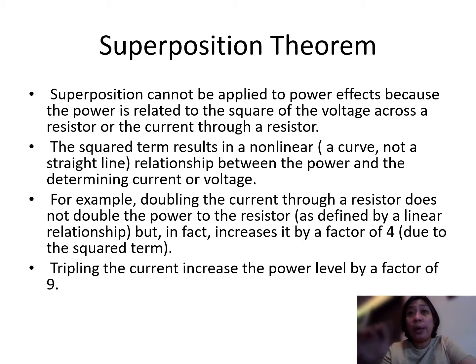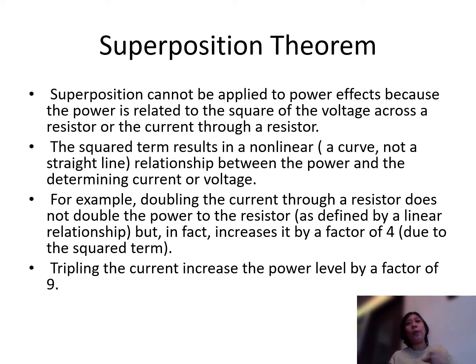Because of the square in our formula, which is I squared multiplied by R. Tripling the current increases the power level by a factor of 9, and we do not just simply multiply it by 3. Therefore, the superposition theorem is usually implemented only when we are trying to solve for currents and voltages because they have a linear relationship. We do not usually use this for power because it is considered nonlinear.